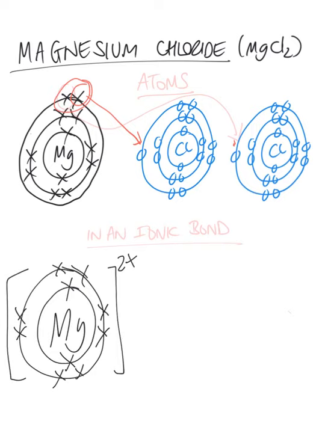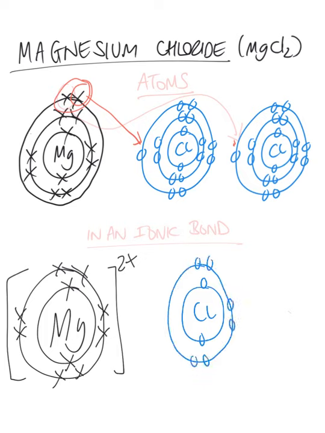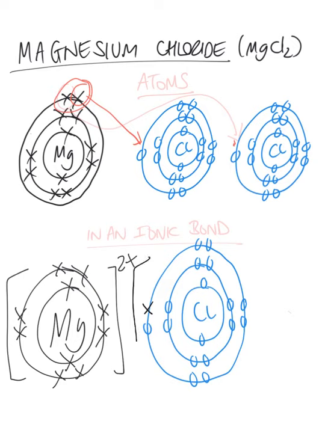We then have chlorine, so we have chlorine with its original electrons, plus the one that it has gained from the magnesium.